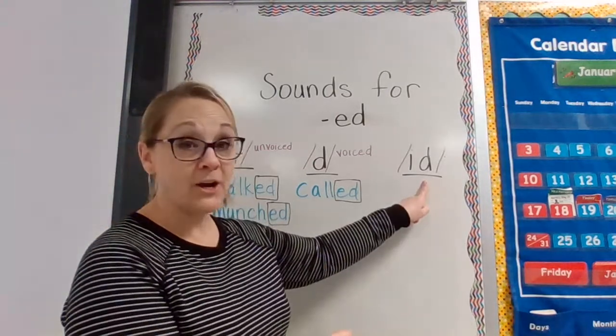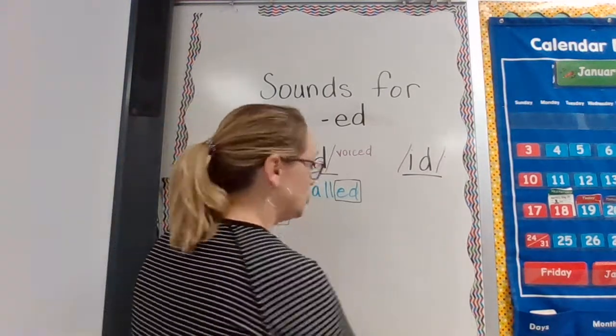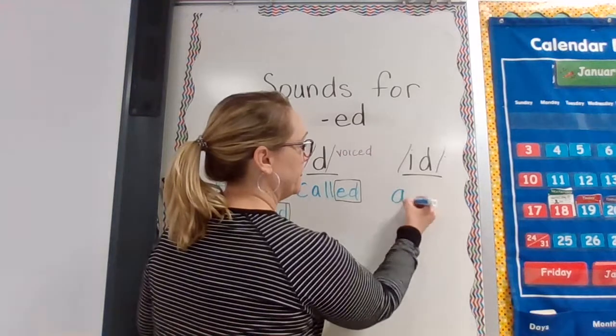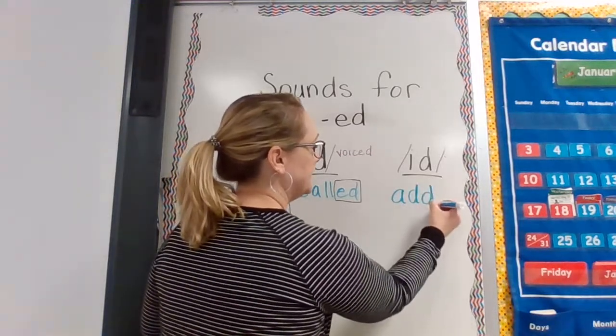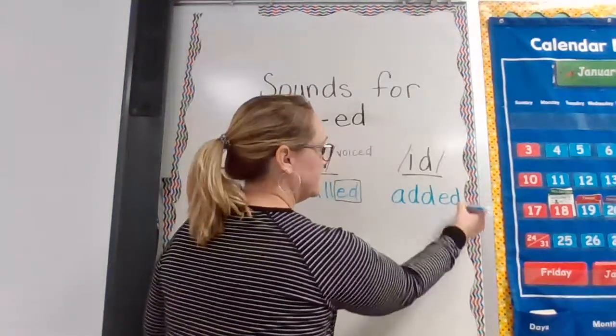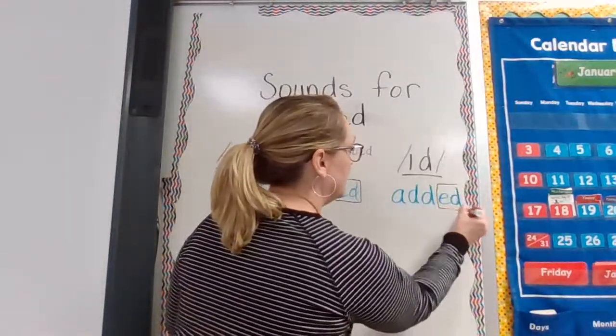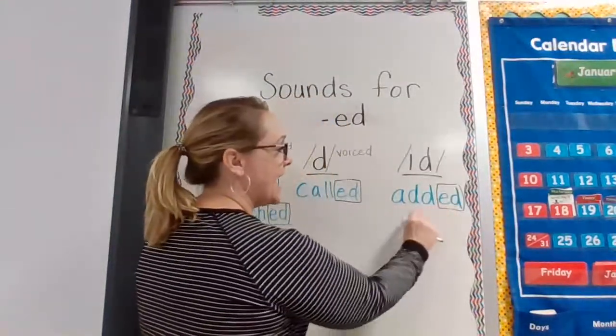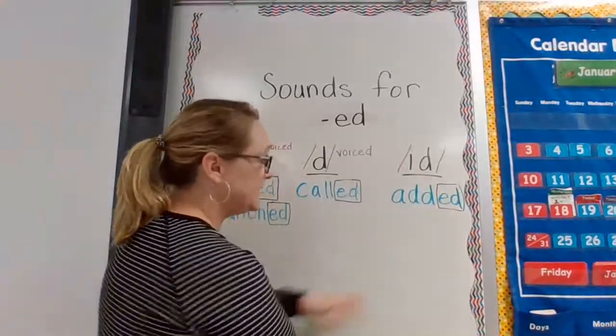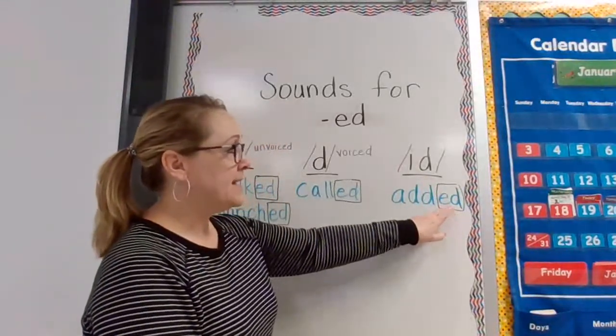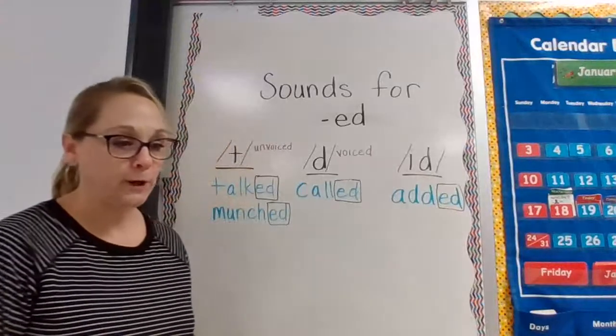Added. I hear id. So let me write and show you: A-D-D-E-D. That's the word added. Inflected ending ed is making the id sound in that word.